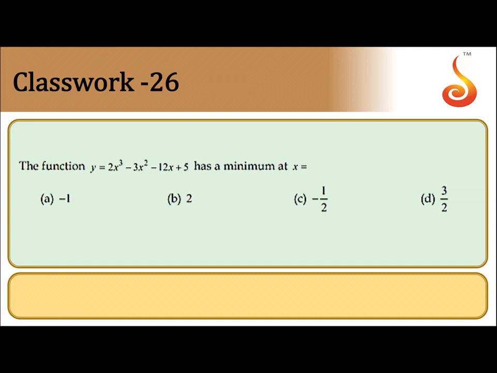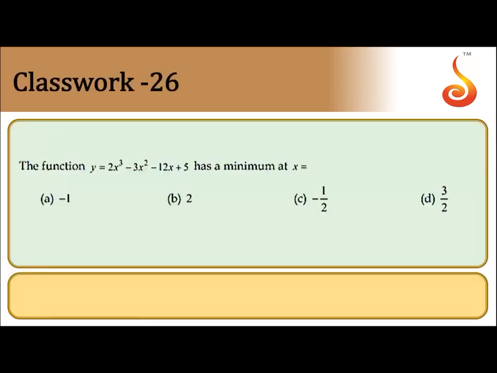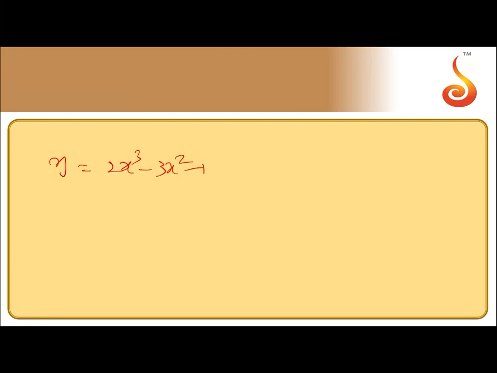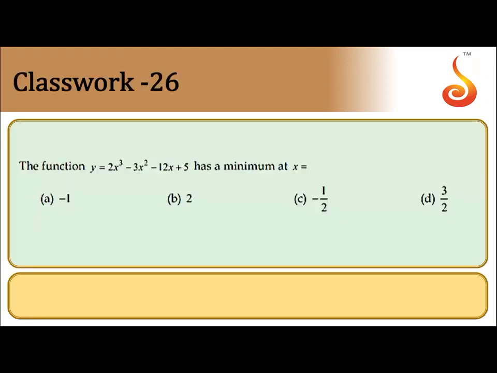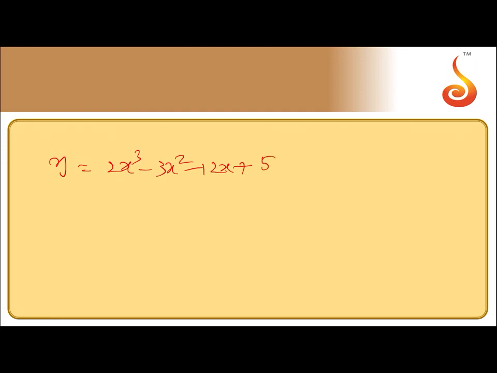Coming to the next one: the function has a minimum value at x equals what? The function y = 2x cube minus 3x square minus 12x plus 5. For the maximum or minimum value, the derivative must be equal to 0.